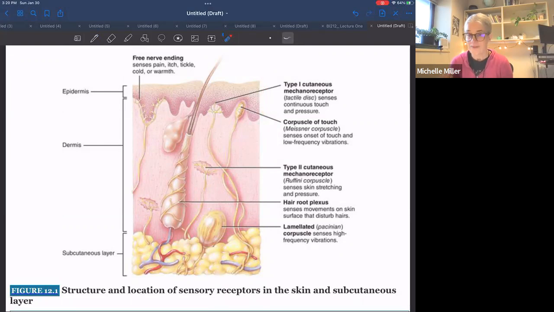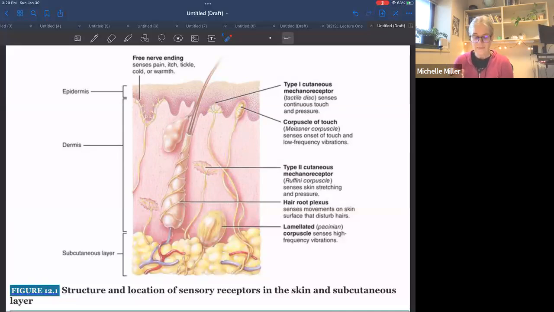There's no blood vessels, and there's no nervous tissue. So we have Meissner's corpuscles, which are right here, and that is the onset of touch and some vibrations. And then we have some that are deeper inside of the dermis, and those are detecting pressure.